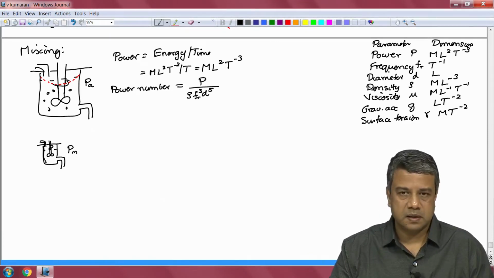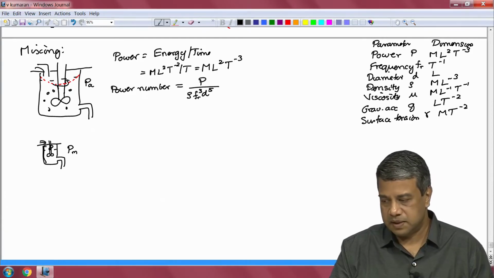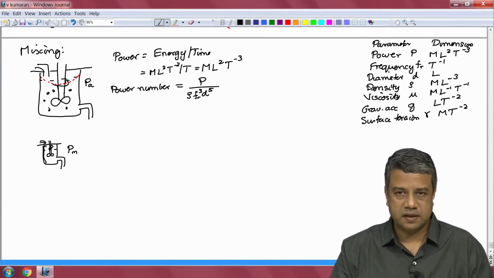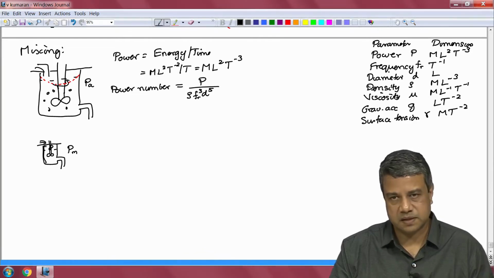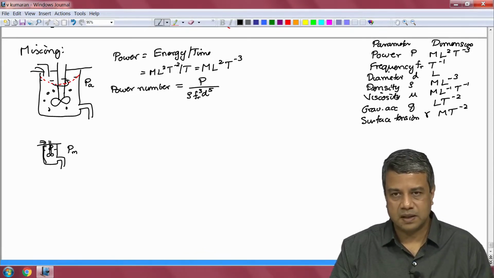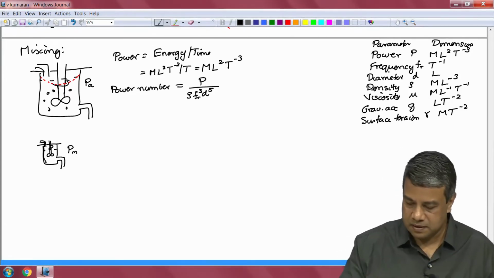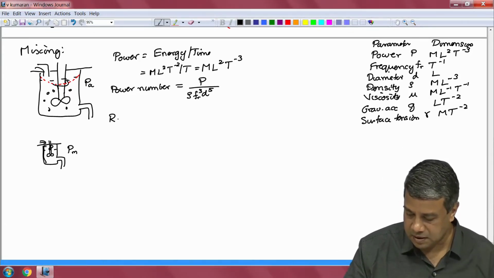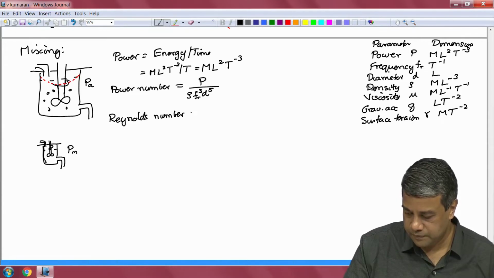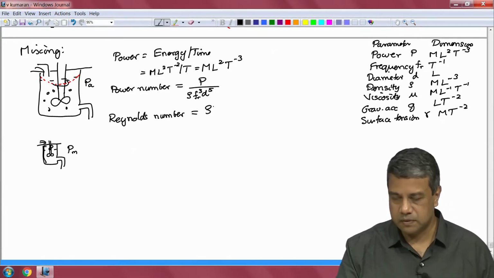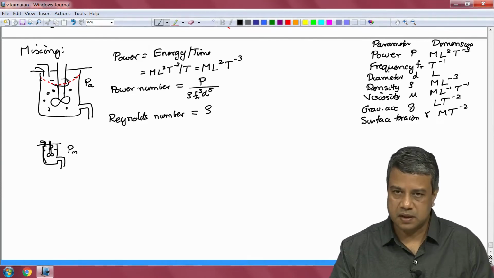What are the independent dimensionless groups? We have 4 effects here: density, viscosity, gravity and surface tension. So, the 3 dimensionless groups should be ratios of pairs of these. The ratio of the inertia and viscosity is the Reynolds number. Rho into velocity into d by mu.